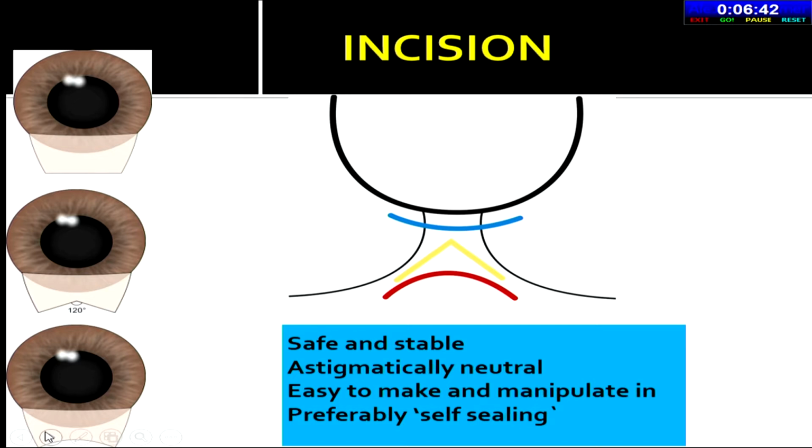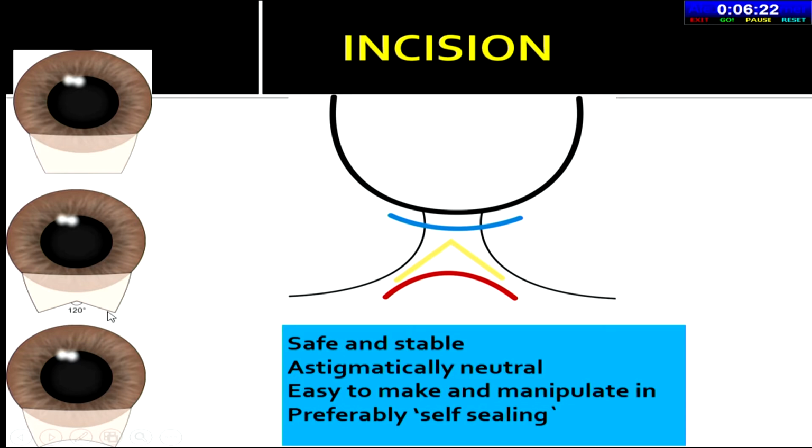If you're using a technique where your entire nucleus is brought out, obviously your external incision has to be larger. If you're using a technique where your nucleus is going to be broken either inside the chamber or in the tunnel itself, then your external incision can be smaller.